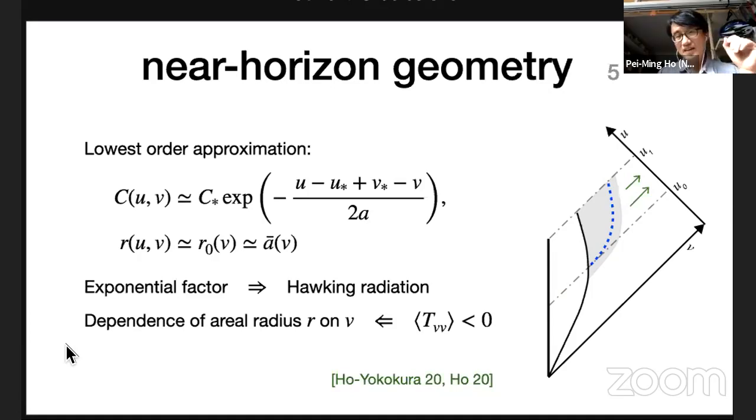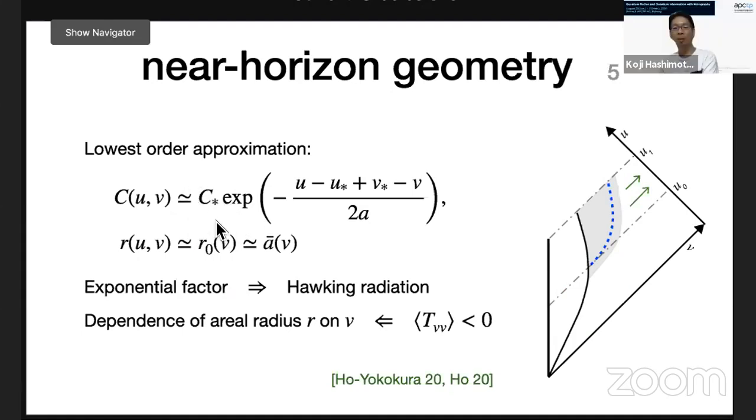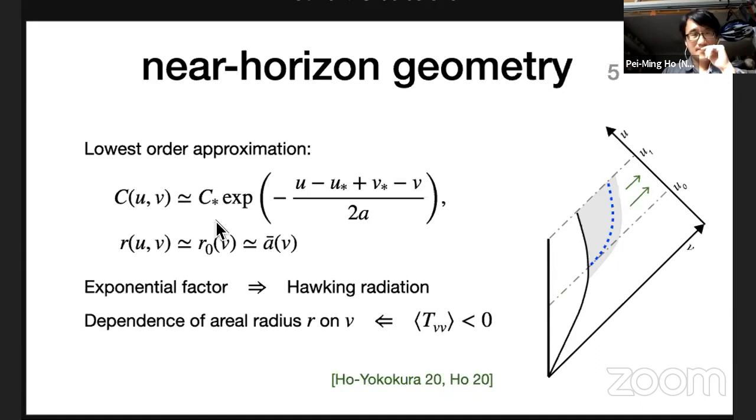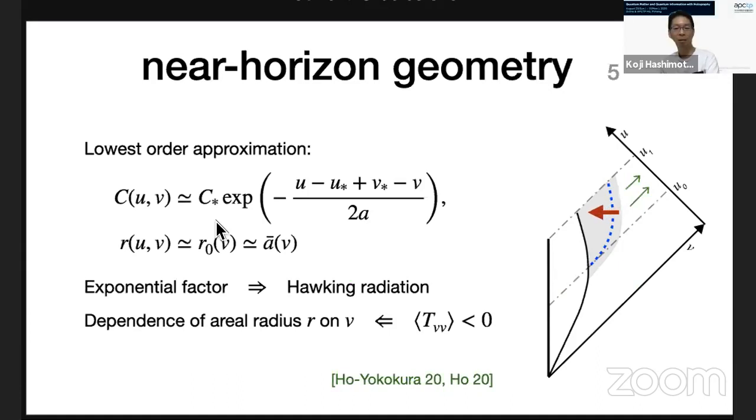Yeah, U minus V could actually be very large, but the proper distance is small because C is an exponential function with a small coefficient. I see. So this condition is still within the region of validity. That's right.